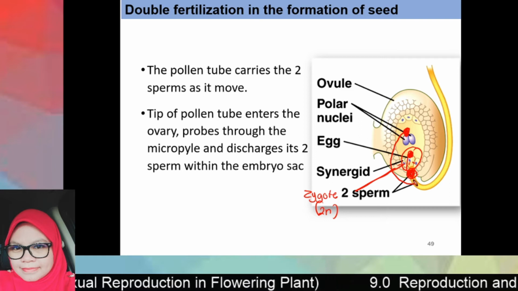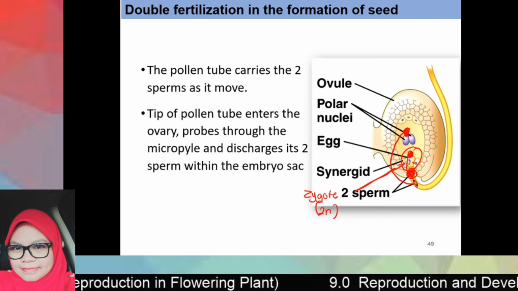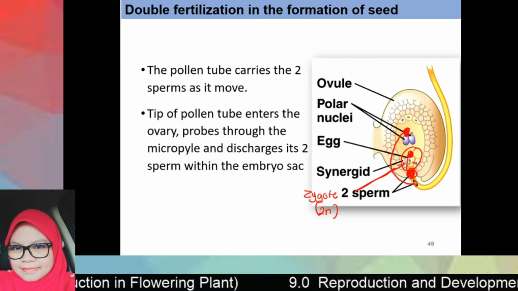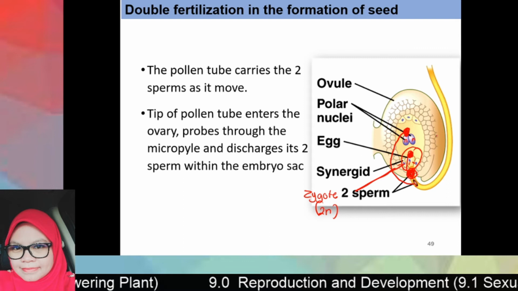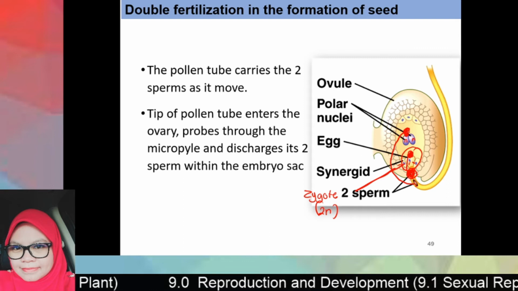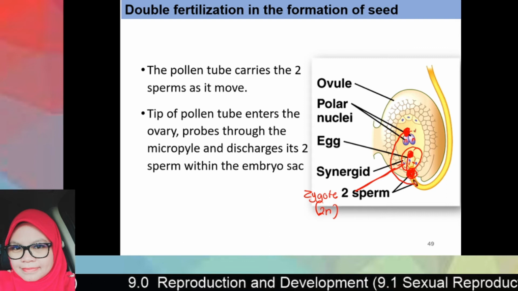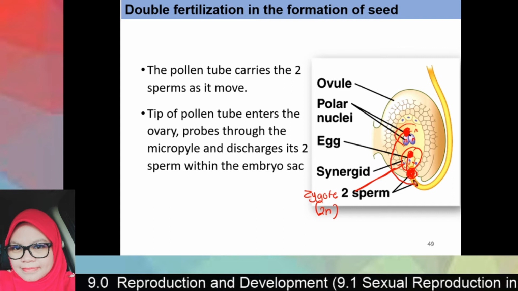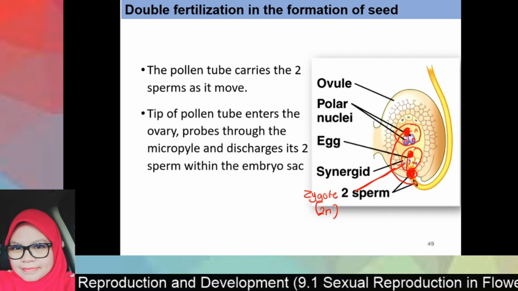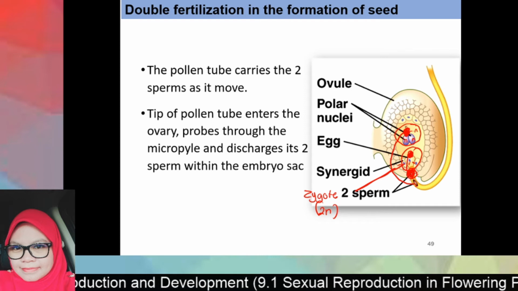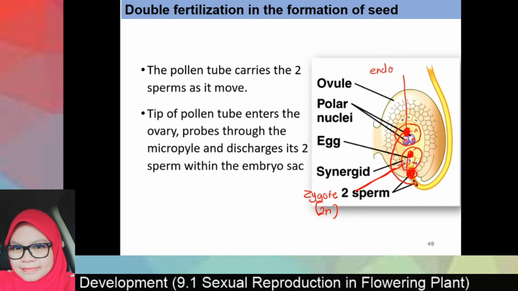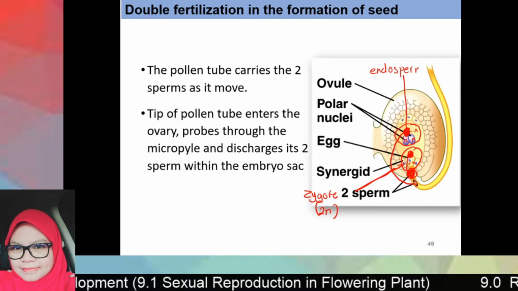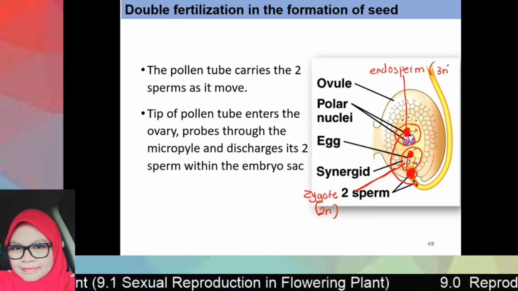Then the second fertilization is between the sperm and the two polar nuclei. Each polar nucleus is haploid, and the sperm is also haploid. So it forms a structure with three N, which is the endosperm.